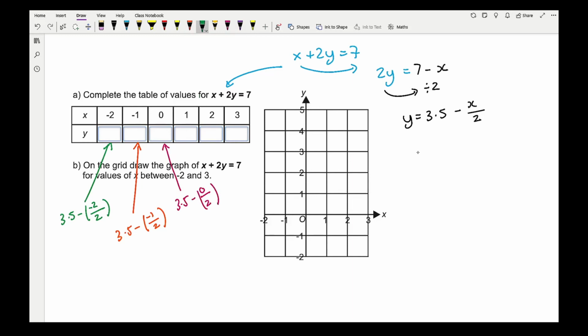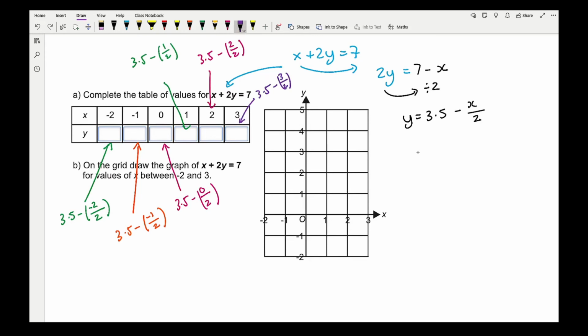This number here is going to be 3.5 minus 1 divided by 2. This value here is going to be 3.5 minus 2 over 2. And finally, this number here is going to be 3.5 minus 3 over 2. And again, you can use your calculator to work them out, and you'll find your values.